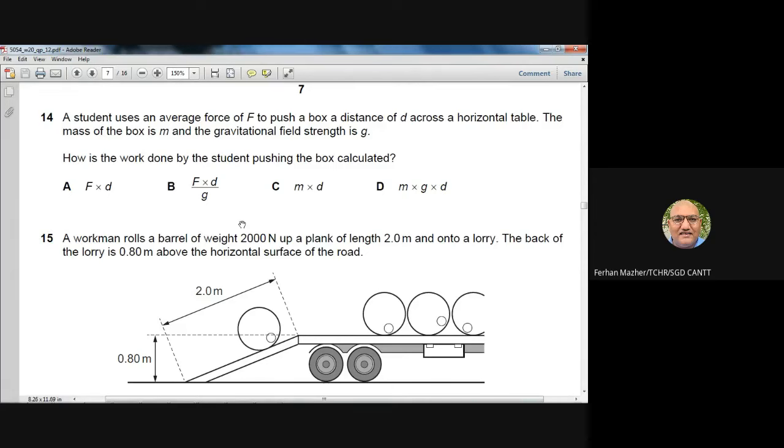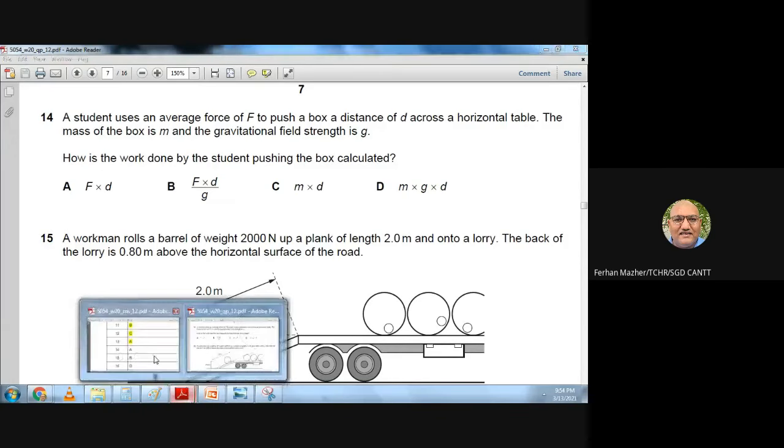We always calculate the work done by force multiplied by the distance moved in the direction of the force. So the work done W must equal F multiplied by D. A should be the right option.